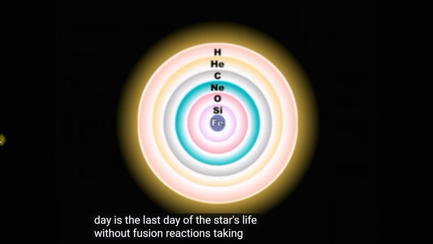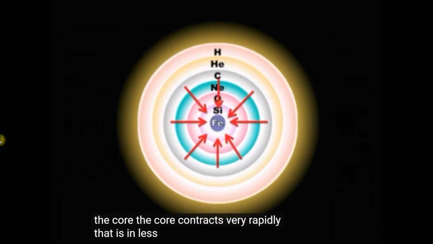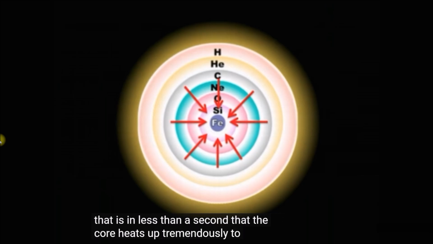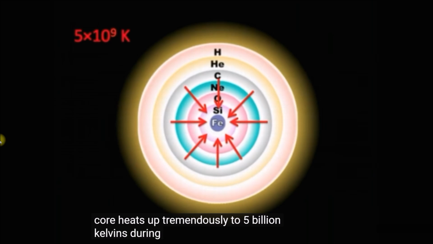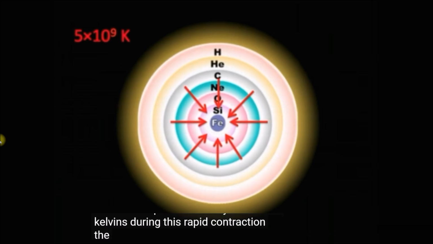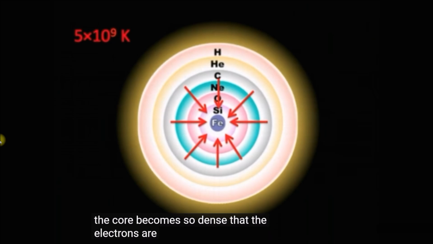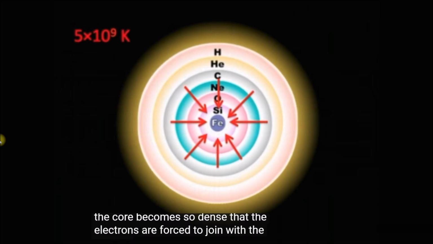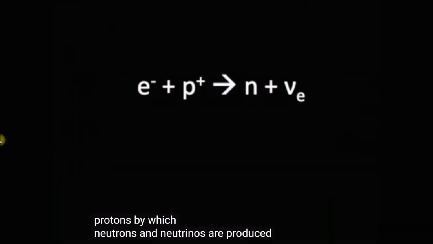Without fusion reactions taking place, the core contracts very rapidly, that is, in less than a second, and the core heats up tremendously, to 5 billion kelvins. During this rapid contraction, the core becomes so dense that the electrons are forced to join with the protons, by which neutrons and neutrinos are produced.